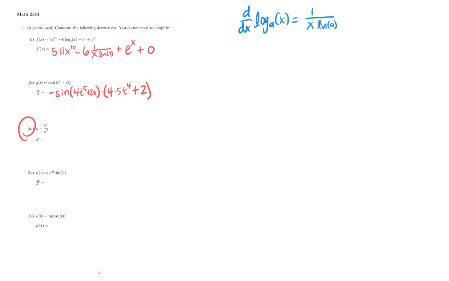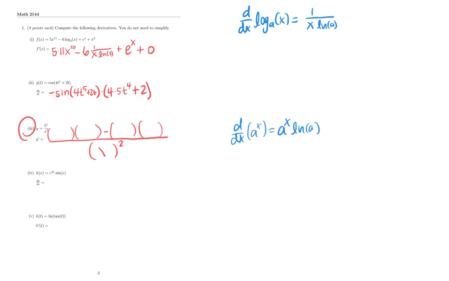For the next one, I'm going to be taking the derivative of 5 to the x over x to the 7th. If you remember, the derivative rule of a to the x is equal to a to the x times the natural log of a. So that's one of the derivative rules we'll be using. We'll also be using quotient rule, which is low d high minus high d low over low squared.